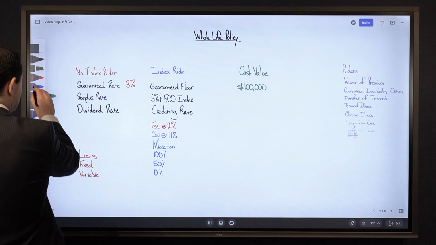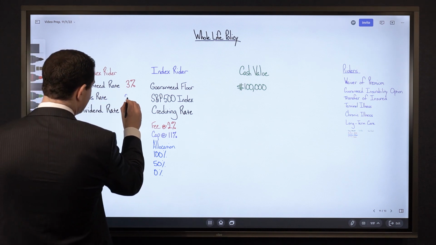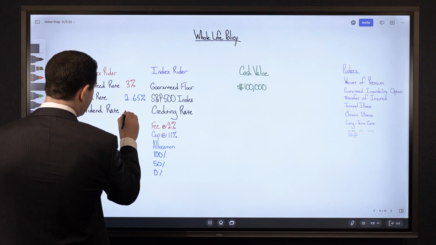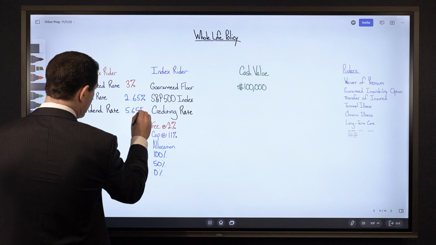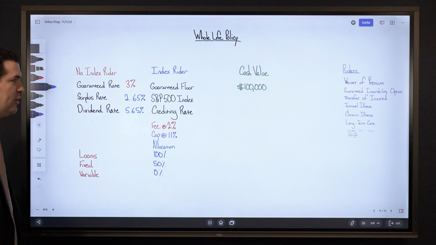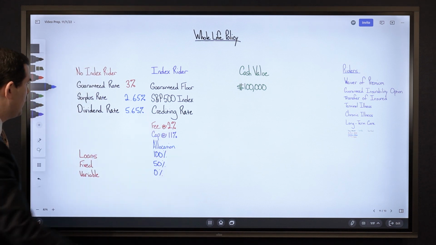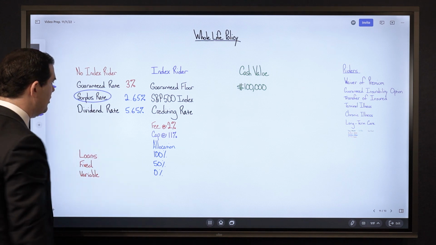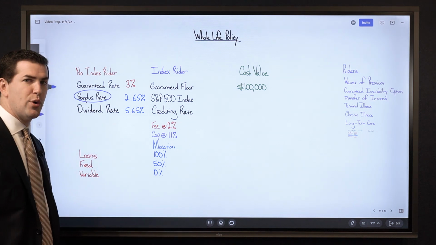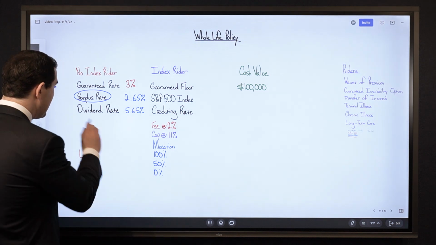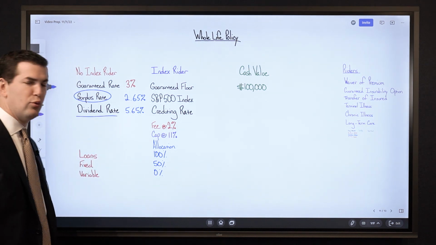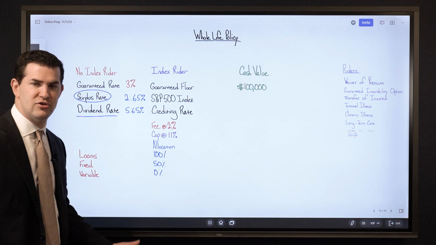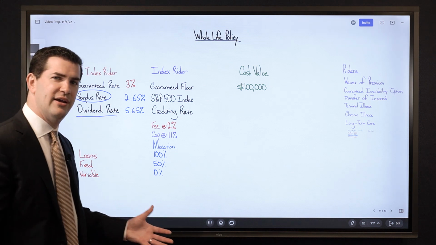Then I've got a surplus of what? 2.65%, which gives me the total dividend interest rate for Guardian in 2022 of what? 5.65%. Quick side note here, anytime you see a dividend column on a life insurance illustration, that's going to reflect the surplus rate, not the total dividend rate.